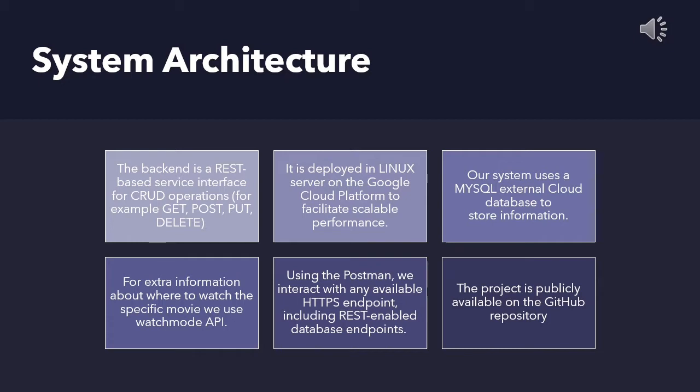Our system uses a MySQL external cloud database to store information, and for extra information about where to watch a specific movie, we use the Watchmode API. Using Postman, we interact with any available HTTPS endpoint, including the REST-enabled database endpoints. This project is publicly available on a GitHub repository for you to view.